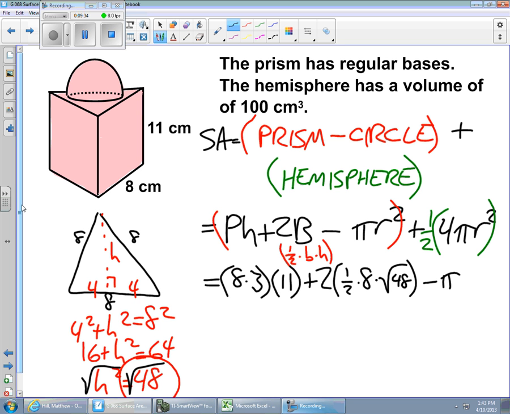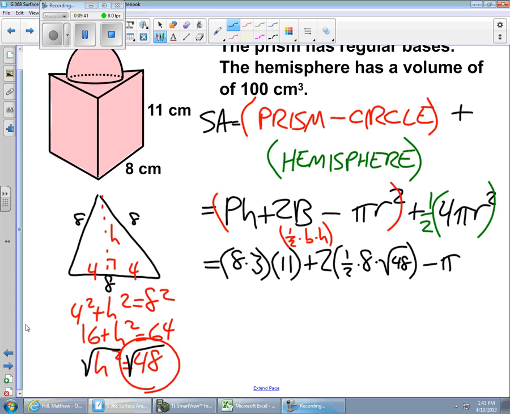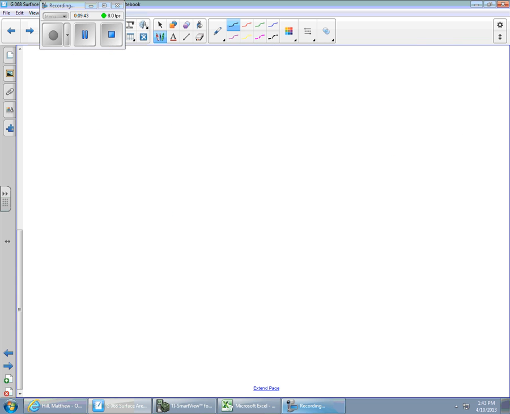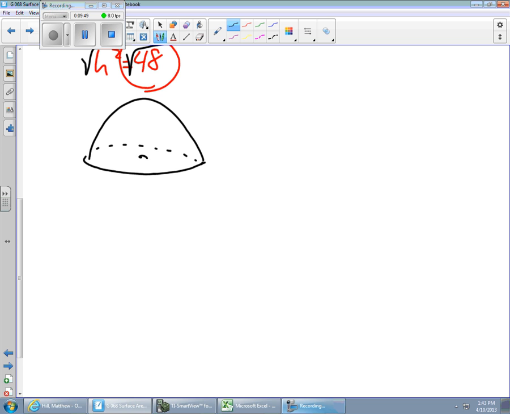This time they gave us information about the volume of the hemisphere. So again, we're going to create a little space here. I've got my hemisphere going on. I would love to know radius. They gave volume as 100.